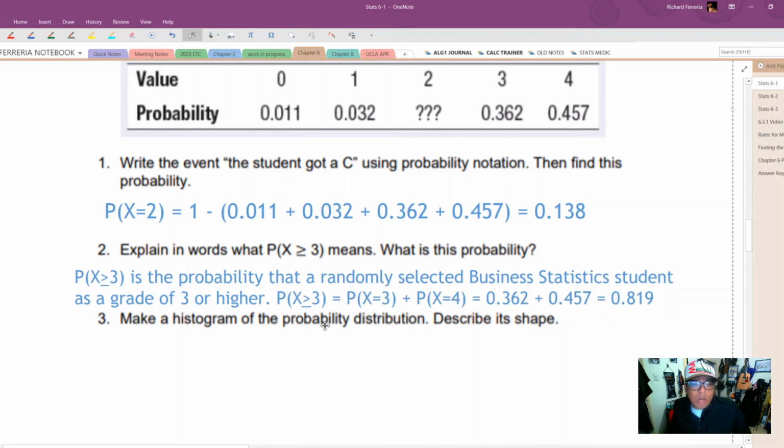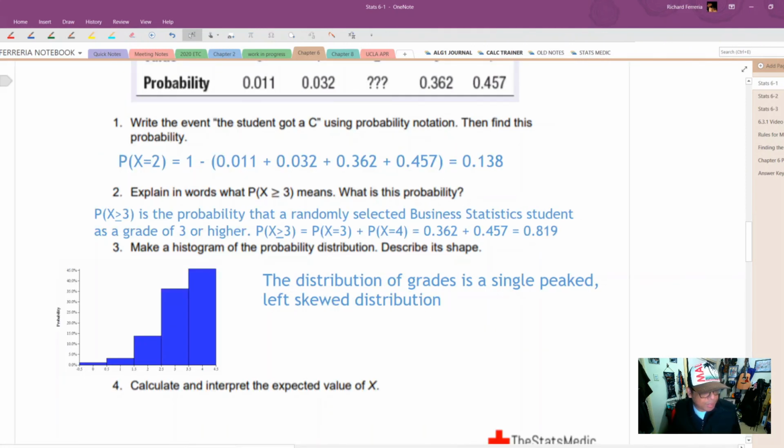Which outcomes are greater than or equal to 3? 3 is, and 4 is. So the probability that x is greater than or equal to 3 is equal to the probability that x equals 3 plus the probability that x equals 4, which is ultimately 0.819.